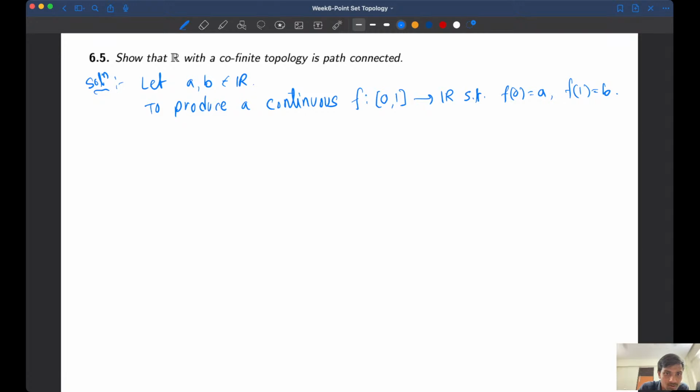This is some sort of linear map, I think. So it is a plus (b minus a) times x. So at x equal to 0 you get a, for x equal to 1 you get b. So why is this continuous?